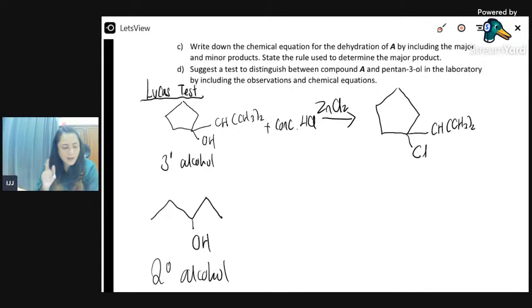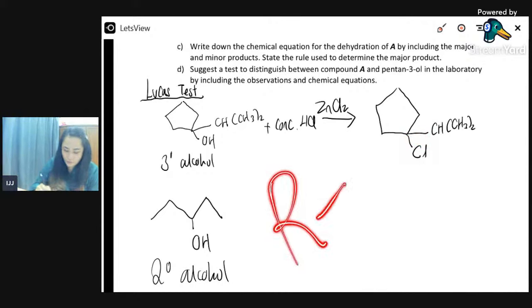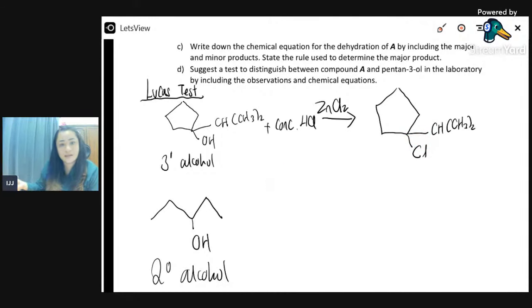Now, kenapa kamu ada cloudy solution? Okay, itu cloudy solution sebenarnya adalah karena kamu punya alkyl halide. Alkyl halide, you know what is alkyl halide like? Alkyl group with any halogen. This is alkyl halide. So sebenarnya itu yang kamu punya cloudy solution tu because of your alkyl halide form. Okay, plus H2O.